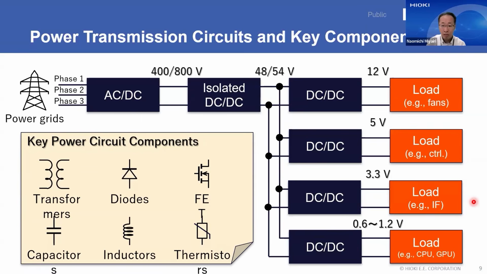So by thoroughly understanding the performance characteristics of each component, we can design power supplies with fewer design iterations and less rework. So traditionally, LCR meters and impedance analyzers have been the go-to instruments for evaluating component performance. But as systems continue to demand higher currents, there's growing attention on evaluating component performance under actual operating conditions.